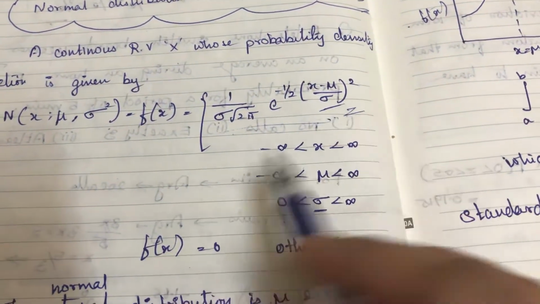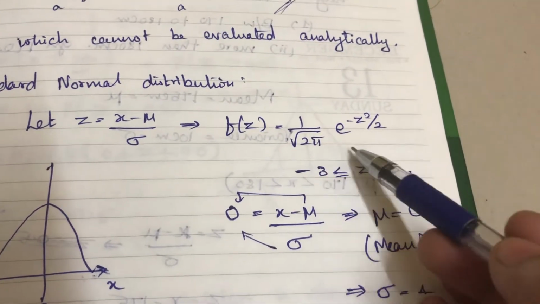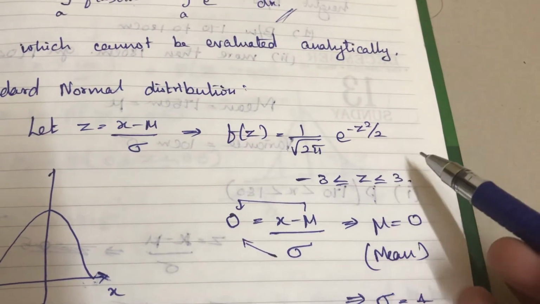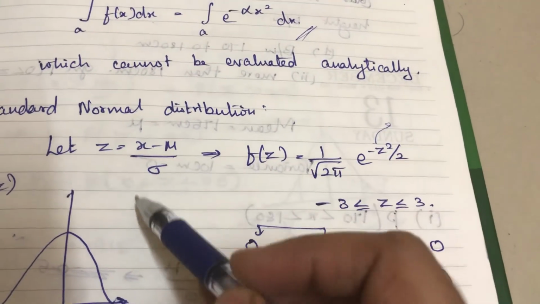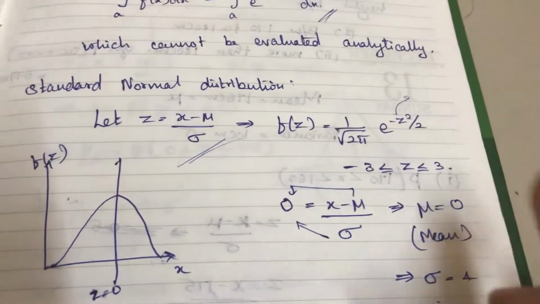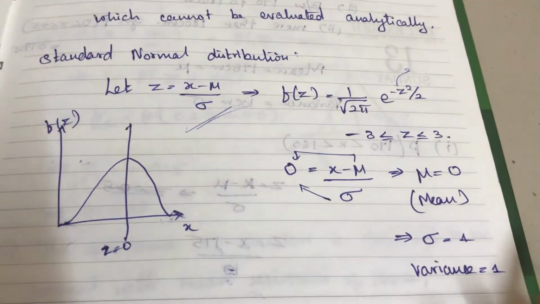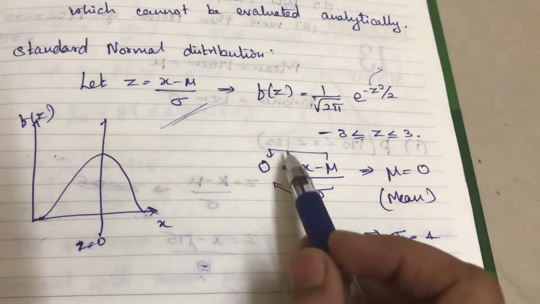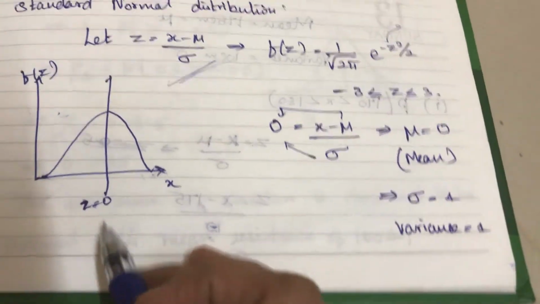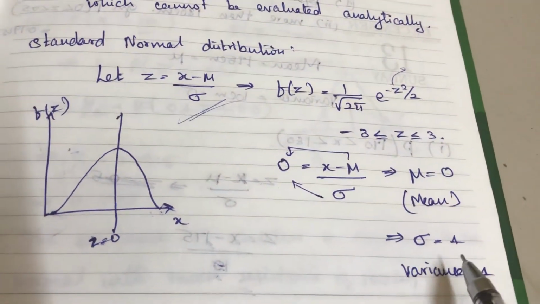F of z will be equal to 1 by root 2 pi into e power minus z square by 2, right? They have the limit minus 3 to 3. If z is equal to 0, then the mean becomes 0 and the variance becomes 1.